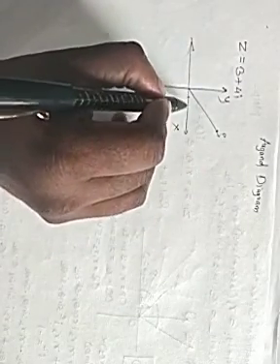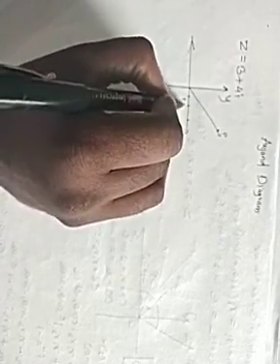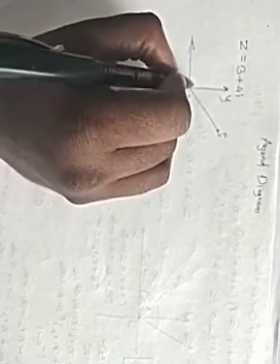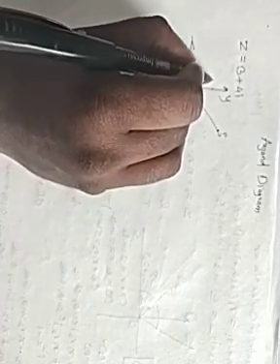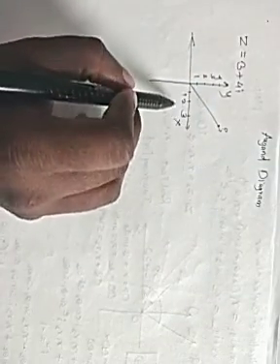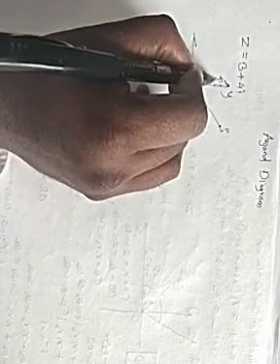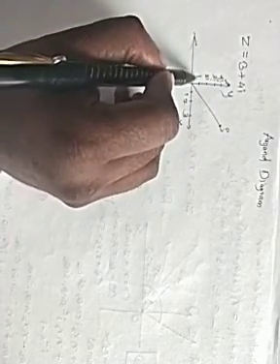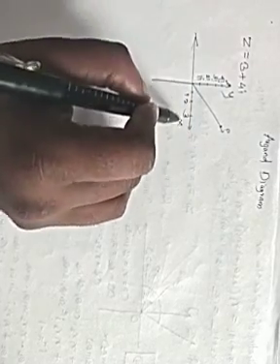So what do we have? 1, 2, 3 and here 1, 2, 3, 4. But let's consider this is a real axis and this is an imaginary axis. So here 4 times i, 3 times i, 2 times i and 1 time i. So this is the imaginary axis and this is the real axis.